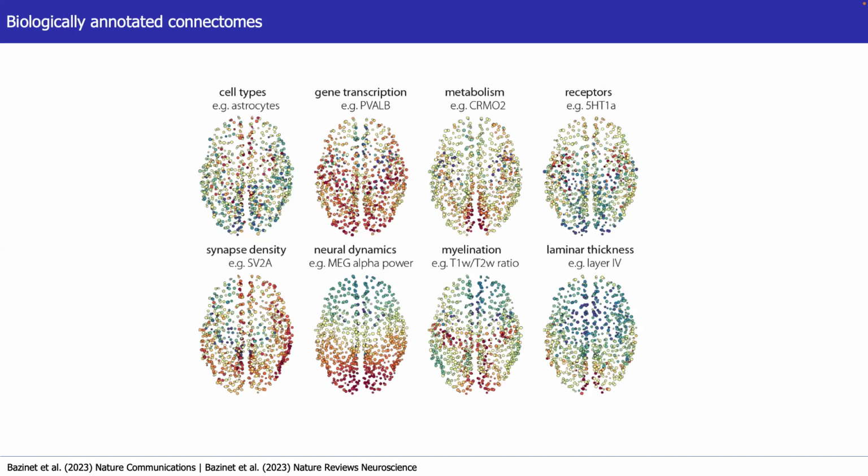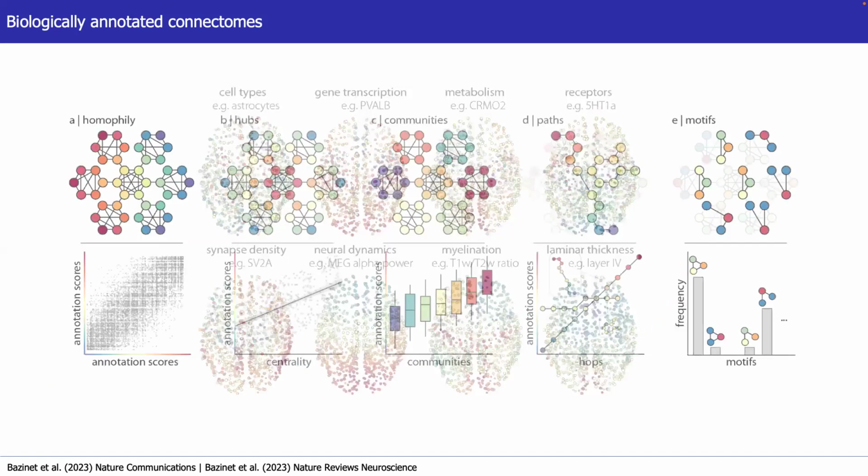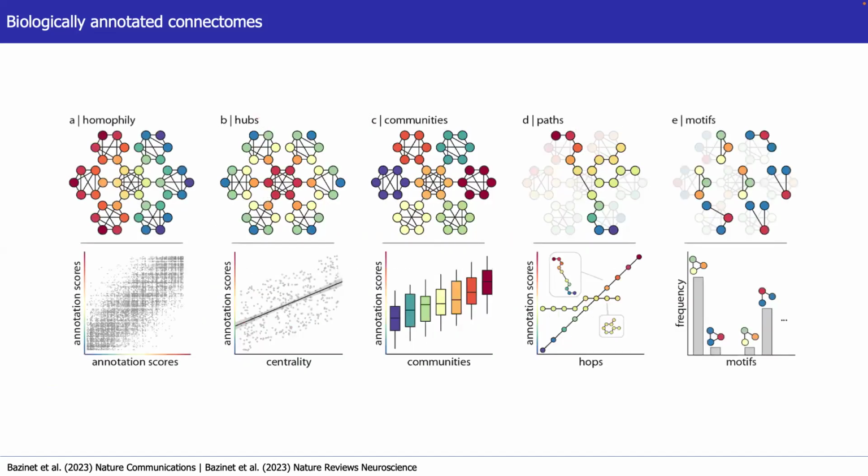That's the bigger question that we were seeking to address. I just want to give you a sense of how interesting things can get when you have biological annotations. Basically, everything that we've asked up until now of structural and functional networks, you can ask even more biologically meaningful questions if you have biological annotations.